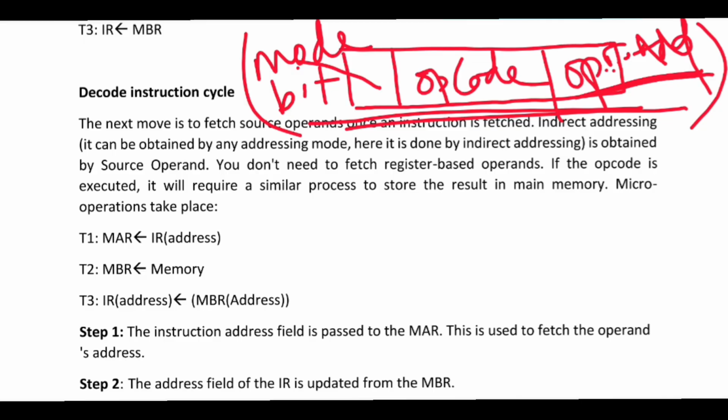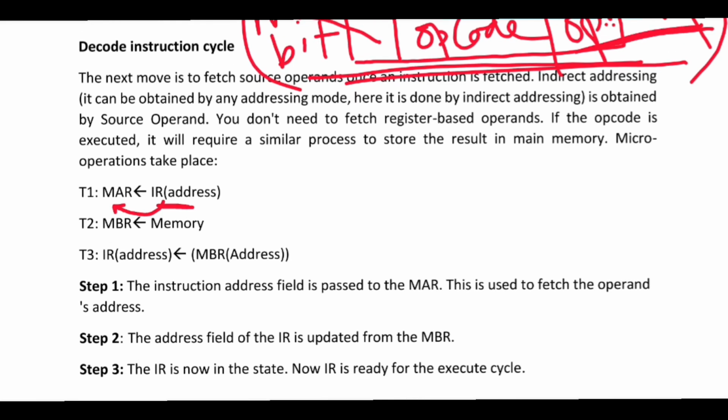The operand address will go from the instruction register to the memory address register. Then from the memory address register through our address bus, from memory we find our data.